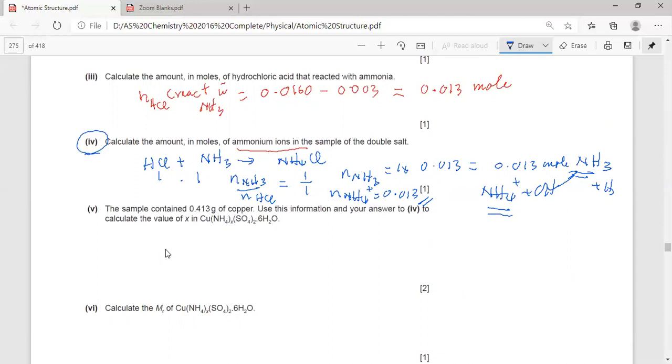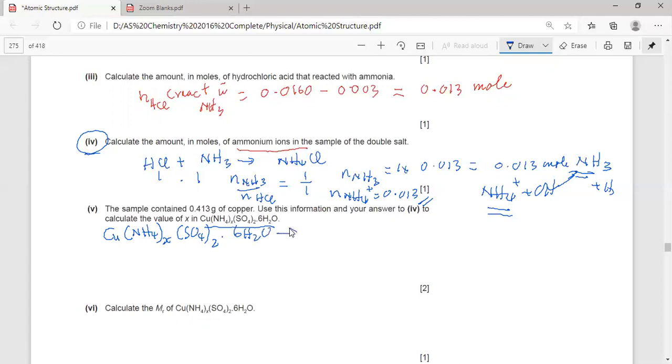Now you have to learn carefully. Stoichiometry is very important. From this salt here, I put Cu(NH4)x(SO4)2·6H2O.